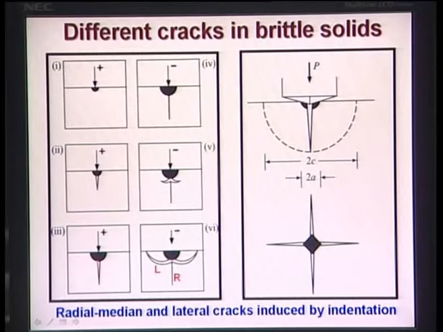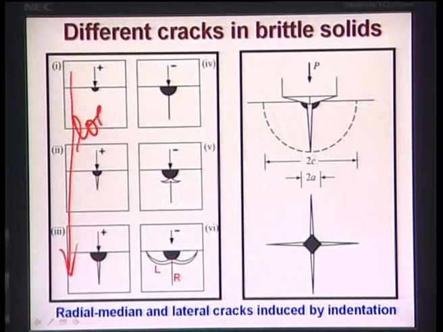As you go from plus to plus, you are applying more and more load to the indenter until it reaches the maximum load. Suppose you are trying to apply 5 Newton load: you start with 0 and slowly increase to 5 Newton. The minus sign means from 5 Newton you cannot just come back to 0 automatically; it has to go to 0 stepwise.